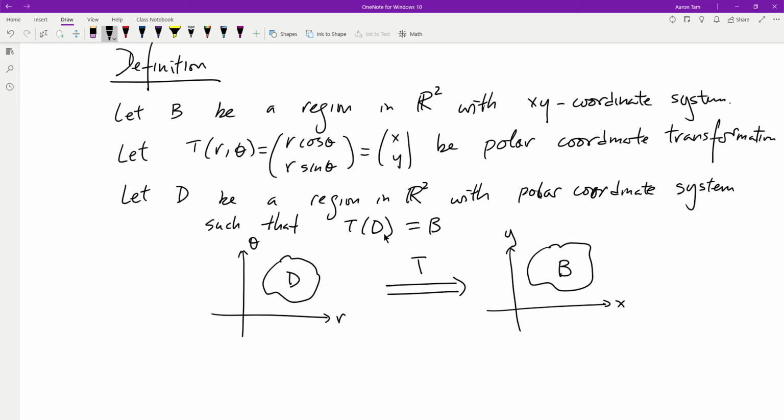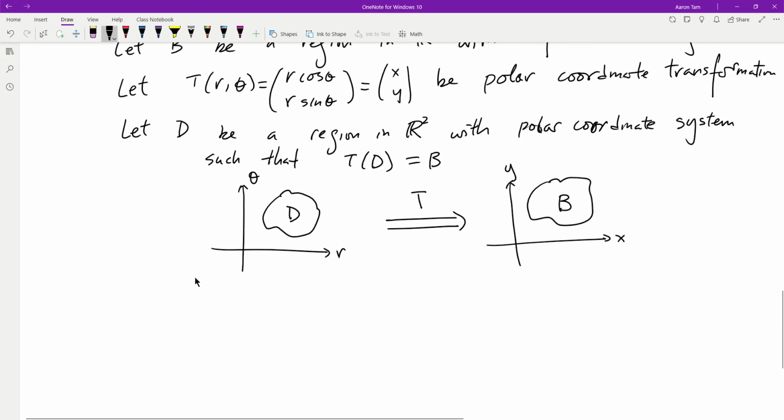If I now have this set up, the polar coordinate transformation and corresponding regions B and D in the two respective coordinate systems, now I can make a connection between an integral in the polar coordinate system versus in the x y coordinate system. This is what it is.